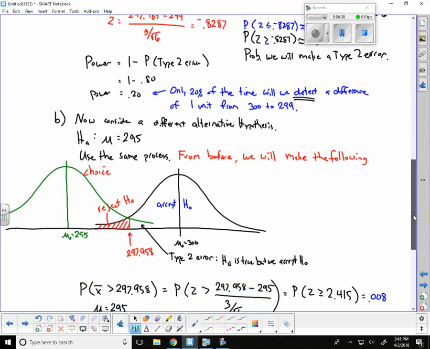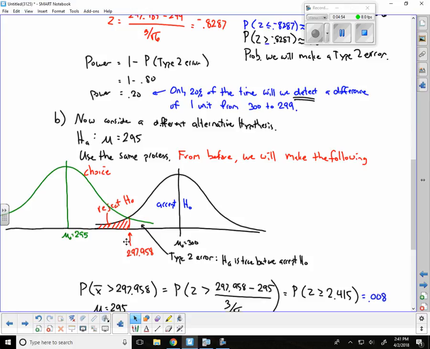So now we're on to part B. Part B considers how it affects things if we look at 295 as the alternative. Could we identify a difference of 5 units versus 1 unit? So from before, we're going to use the same process. Remember that we're going to accept H naught if it's within a certain range of 300 right here. This is what we think in the null hypothesis.